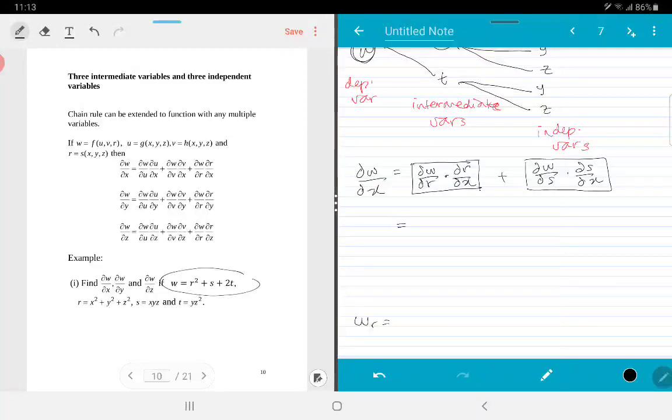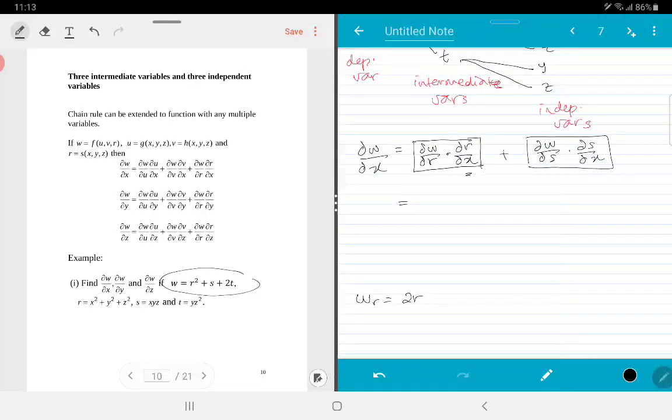So partial w, partial r will give us 2r. And we also need partial r, partial x. Okay, so for partial r, partial x, this is our r. Differentiate with respect to x, so we consider y and z as constant, so that will give us 2x.